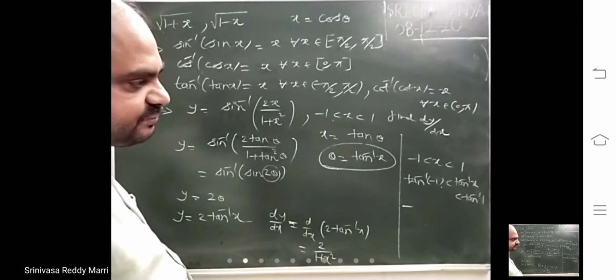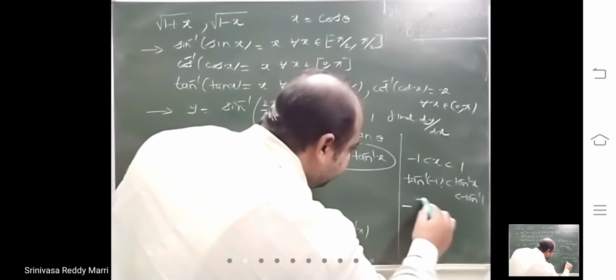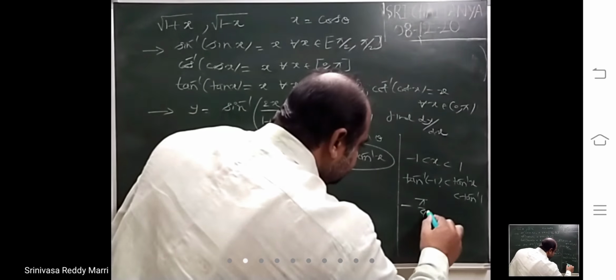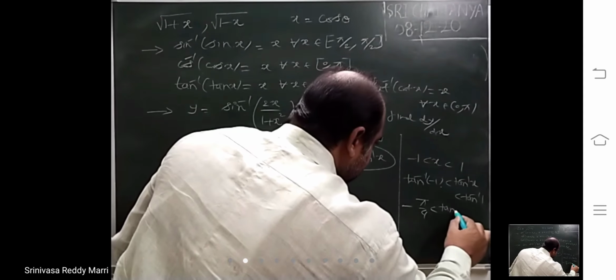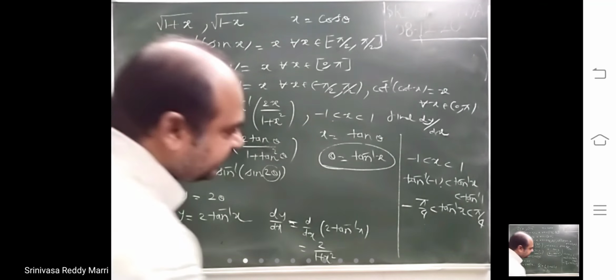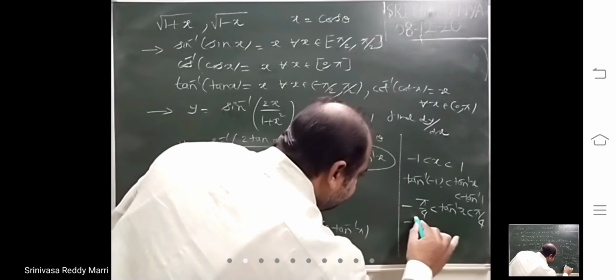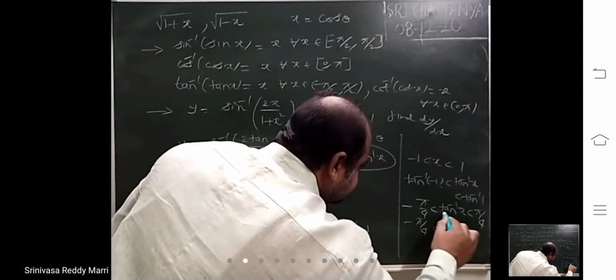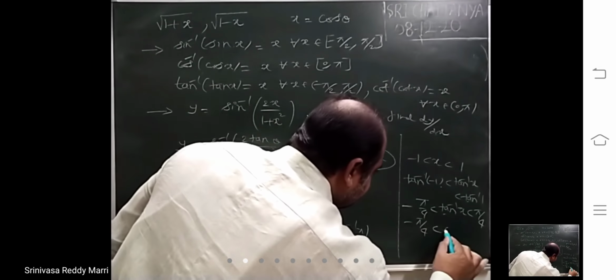Tan inverse 1 means tan inverse tan pi by 4. That means tan inverse x, which is theta, lies from minus pi by 4 to pi by 4.